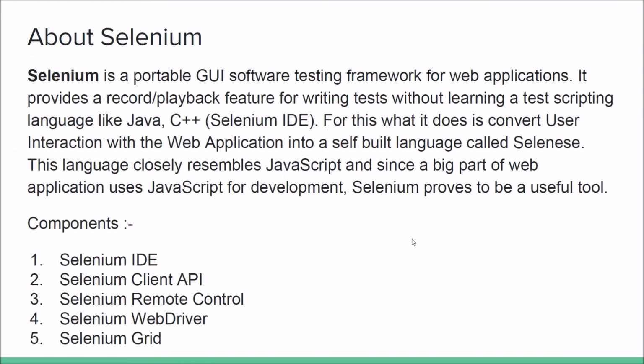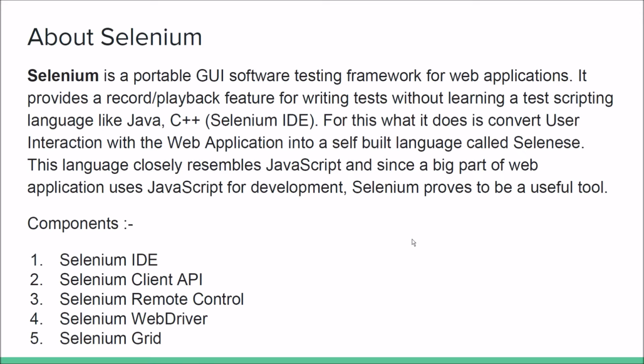It is a portable GUI software testing framework for web applications. It provides a record and playback feature for writing tests without learning a test scripting language like Java or C++. For this, what it does is convert user interaction with the web application into a self-built language called Selenese.